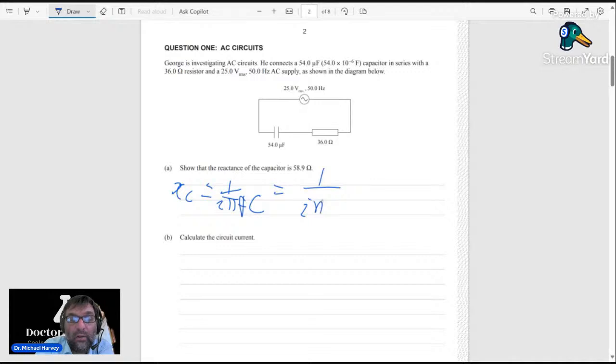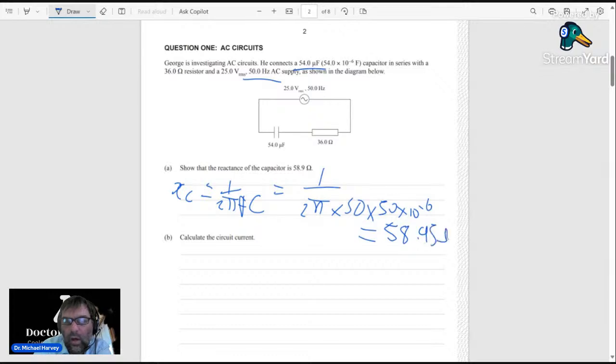So 2 pi, the frequency is given, times 50, times the capacitance, which is 50 times 10 to the negative 6. If you plug in those numbers, you get 58.95 ohms, because reactance is kind of the equivalent of resistance in an AC circuit.